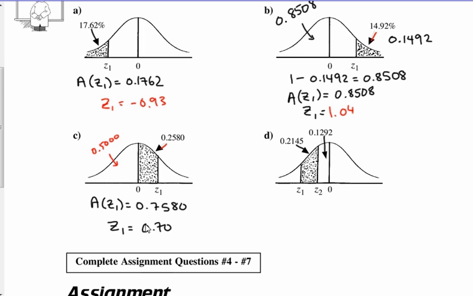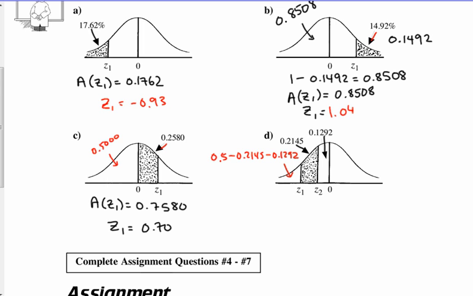All right, so in order to find Z1, we need the area to the left, this guy right here. And then Z2, we need the sum of the area here plus the shaded part already given. So let's start with finding the area left of Z1. We know everything under 0 adds to 50%. So we can find this area over here by taking our 0.5 and subtracting 0.2145 and 0.1292.